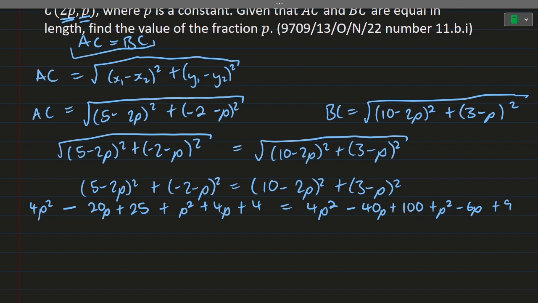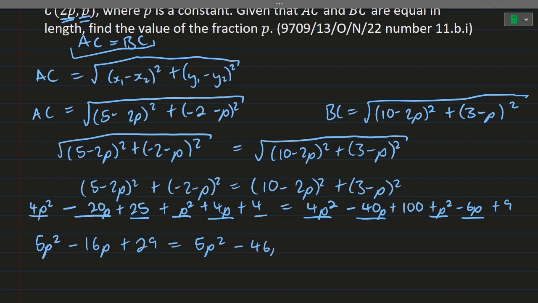So let's group like terms on either side. 4p squared plus p squared gives us 5p squared, minus 20p minus 4p, minus 24p, 25 plus 4, that's plus 29. Now on the right hand side, 4p squared plus p squared, that's 5p squared, minus 40p minus 6p, minus 46p, 100 plus 9, that's 109.